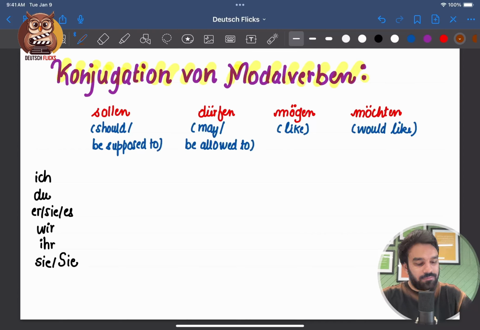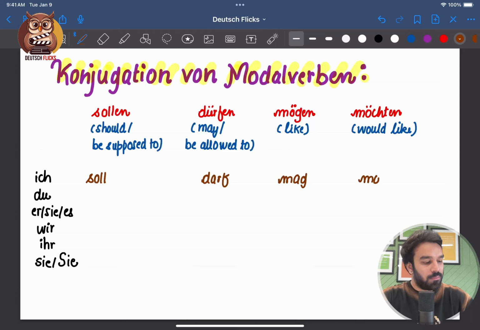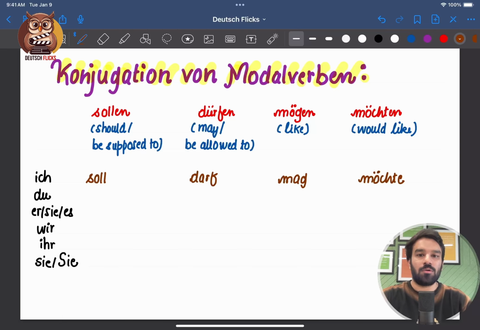So for sollen, we say ich soll, dürfen, ich darf, mögen, ich mag, and möchten, ich möchte. Pause the video and write down the remaining conjugation. Okay, now I'll write the conjugation.